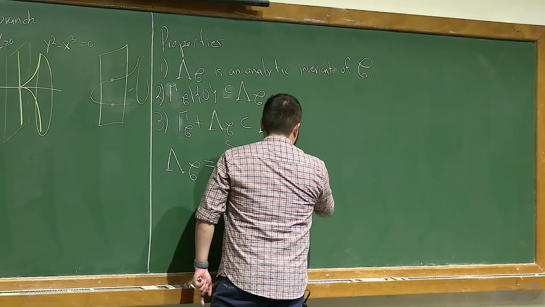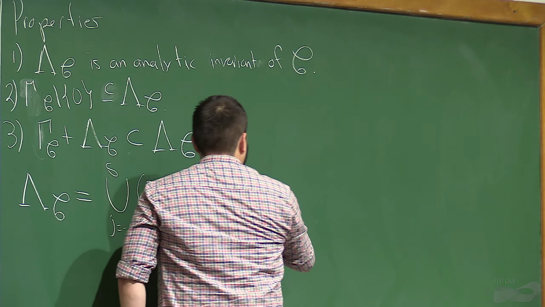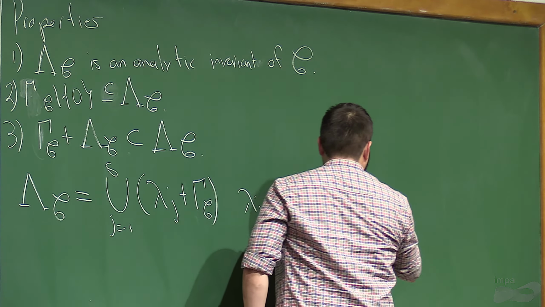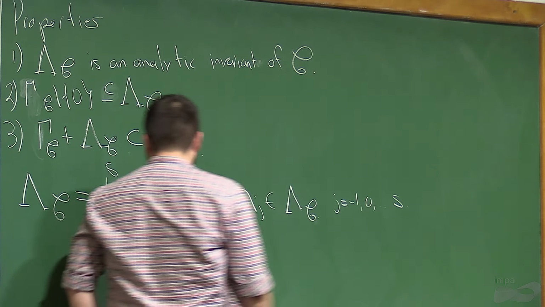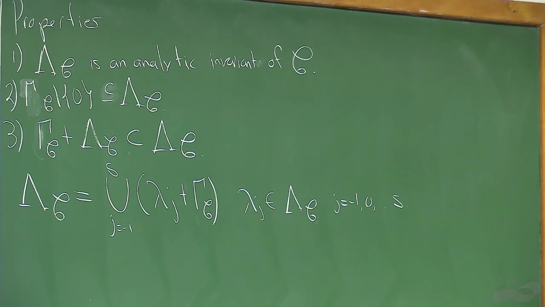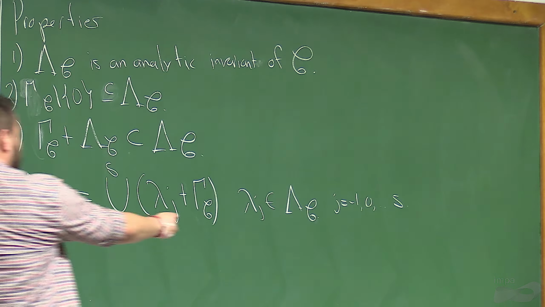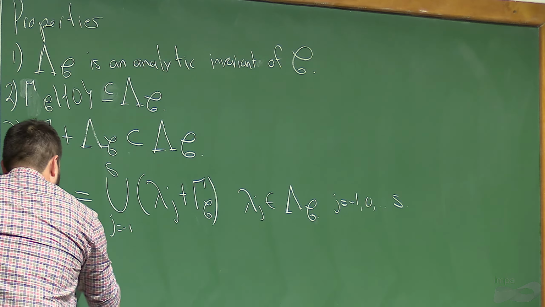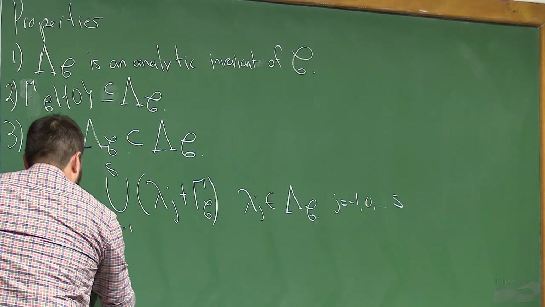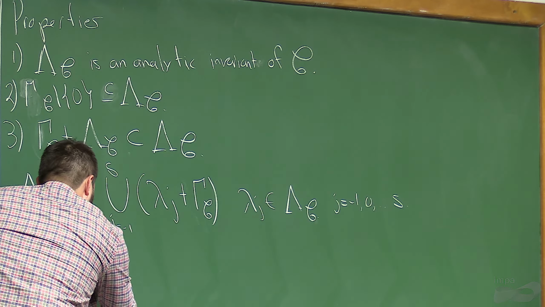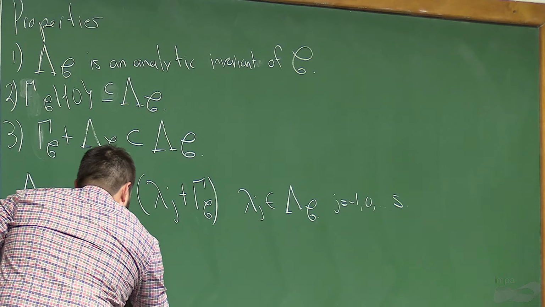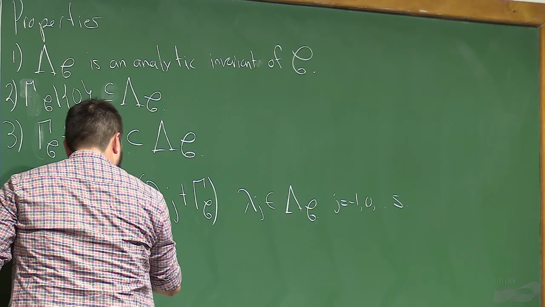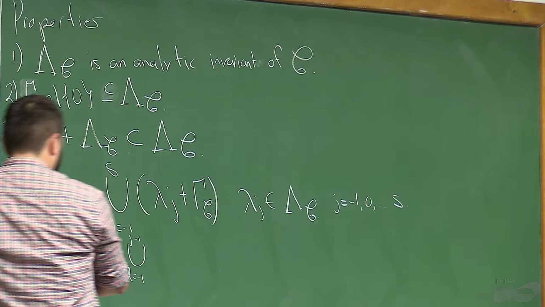We can describe this semimodule where lambda j, for j from 1 to s, has the property that lambda j does not belong to this union.